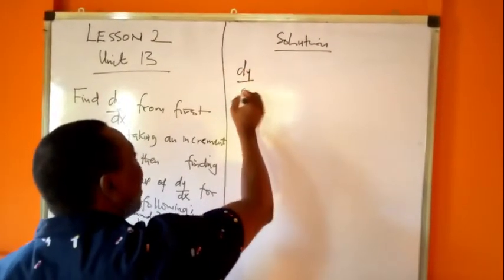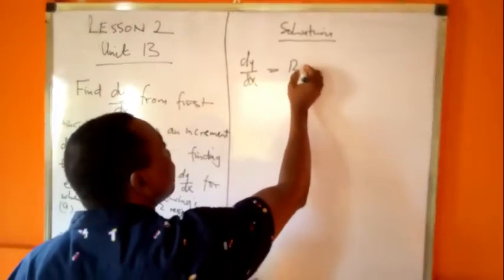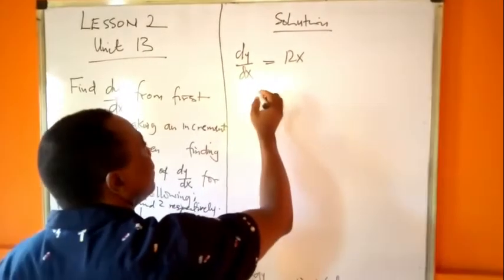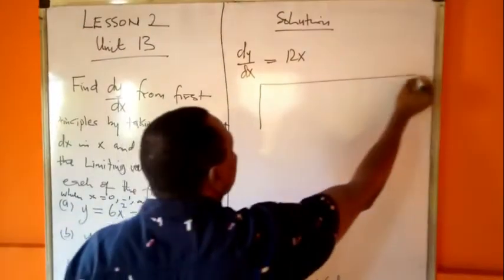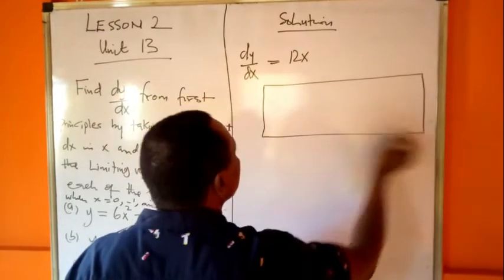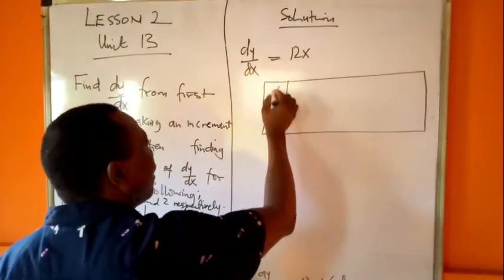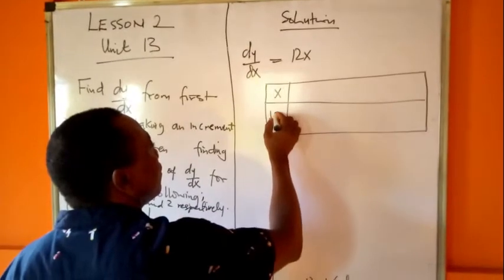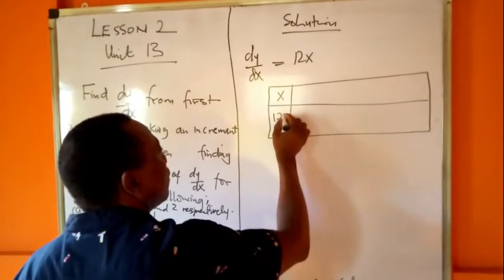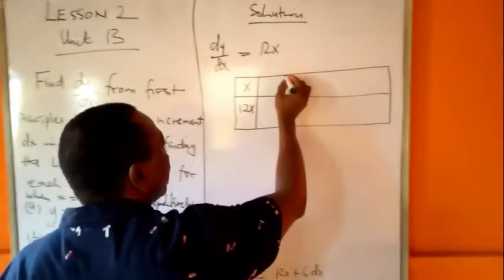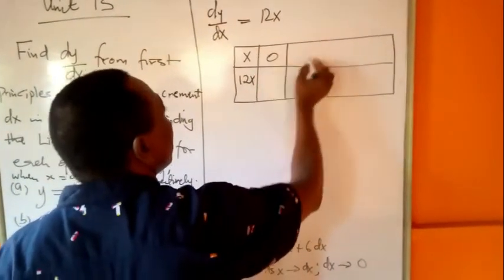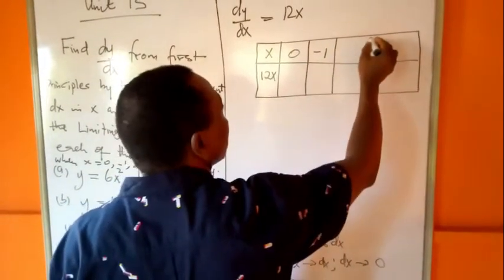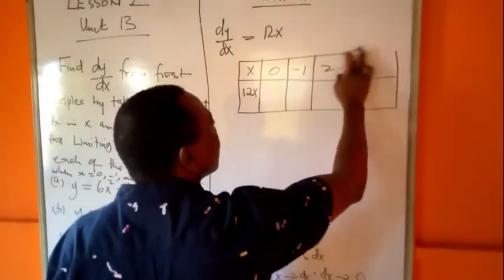So dy/dx is equal to 12x, which means that we have a table from the values that were given, x values, for when x is equal to 0, x is equal to minus 1, and x is equal to 2.